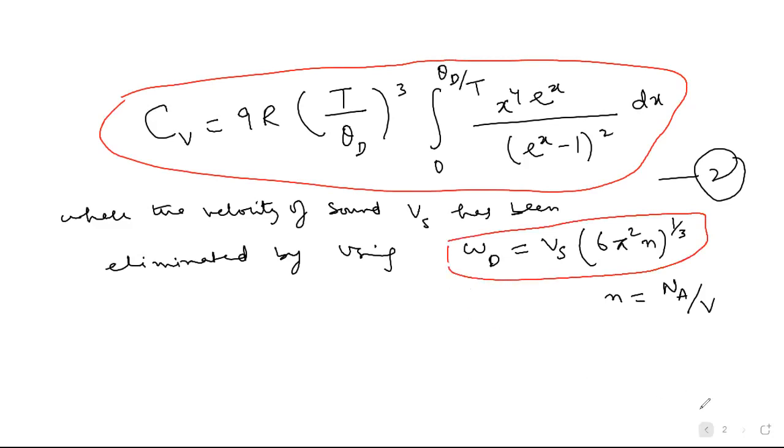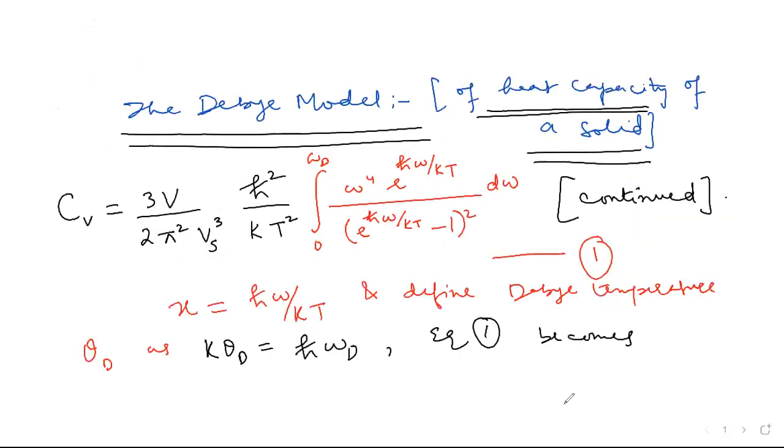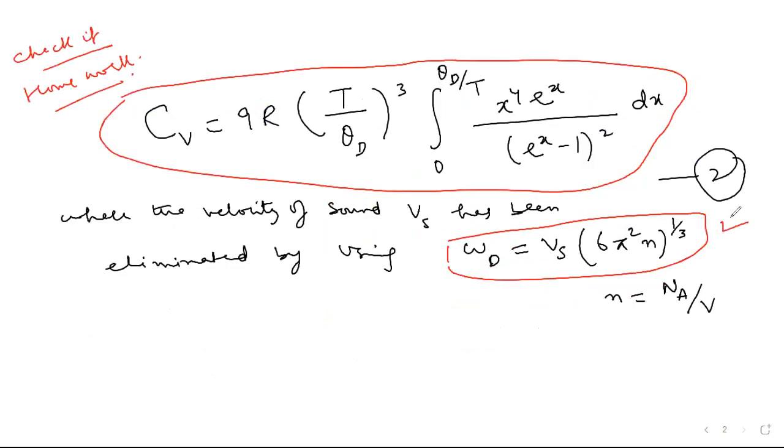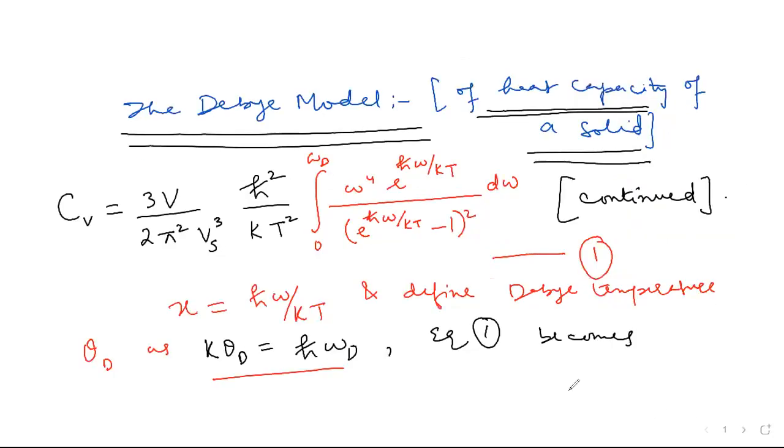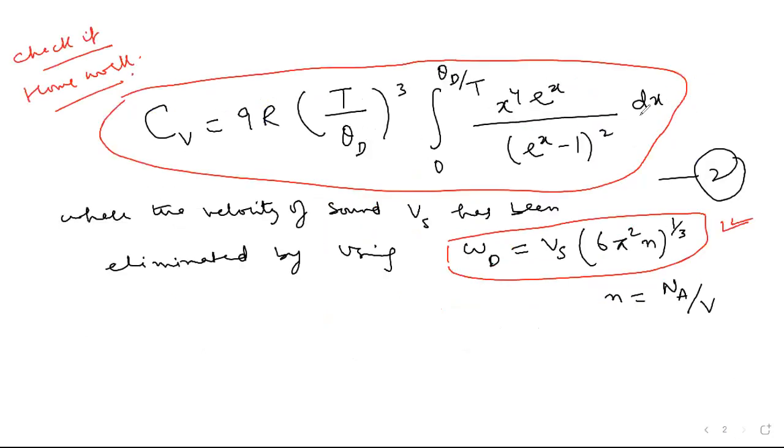Now I give you homework here. Check it. What you have to do is check that when we change the variable, defining x equal to h cross omega by kT and defining the Debye temperature by this equation, and use this particular equation for Debye frequency to eliminate Vs, equation 1 becomes equation 2.